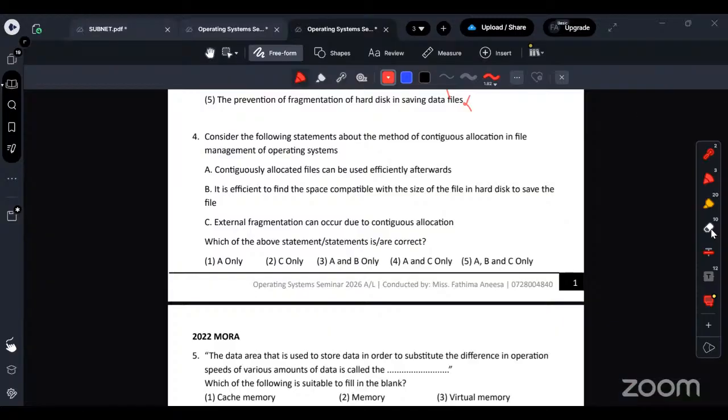All right, good. Others? Yes. So linked and indexed allocation. Now over here they're talking about contiguous allocation only, right?